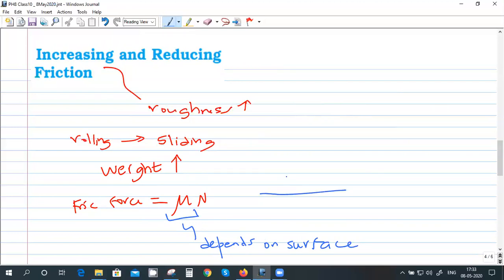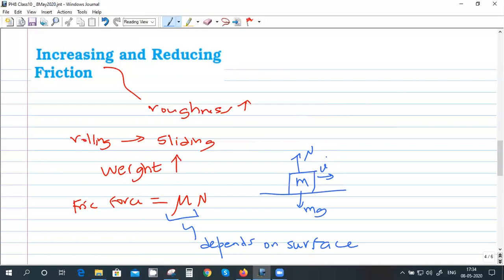Okay. So if the mass is moving like this with some velocity v, what is the normal reaction in this case?